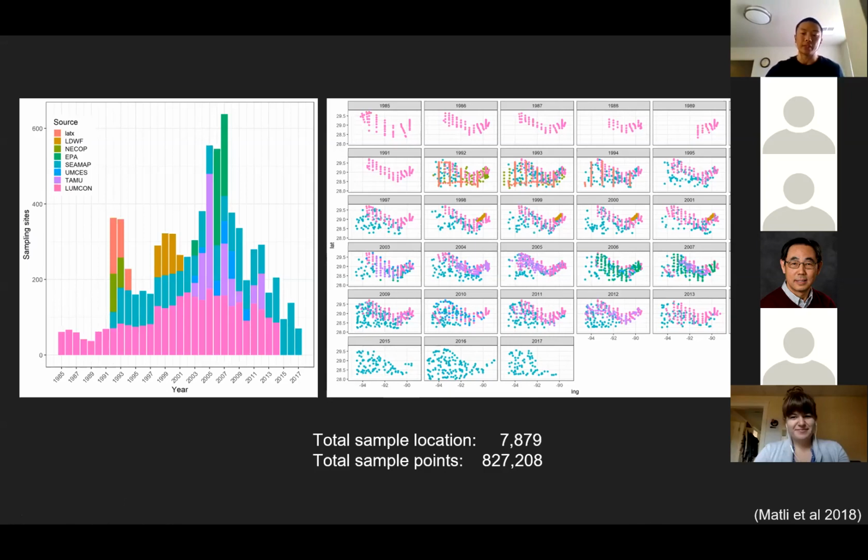In that data record, we have the specific date and time, the dissolved oxygen level, the sample depth below the water, and also other related information.